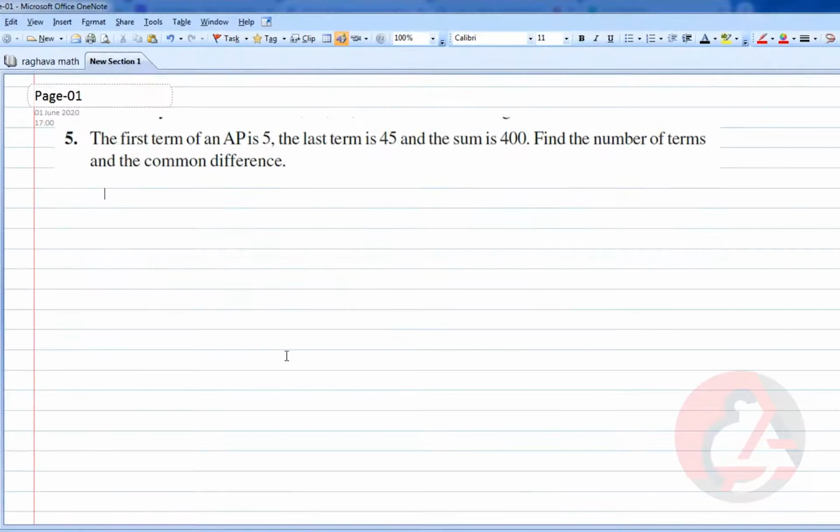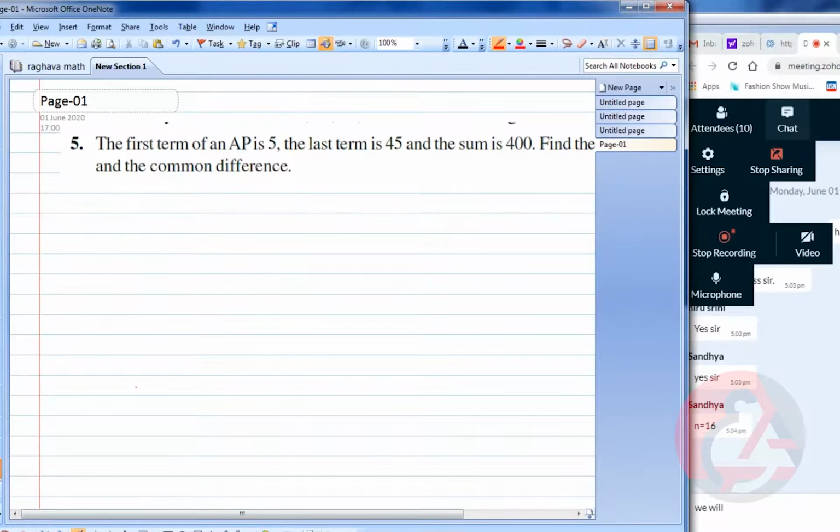What is the given data here? Anybody can guide me? What is the given data here?